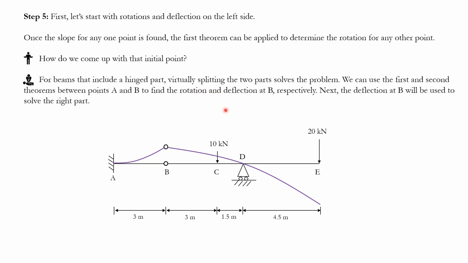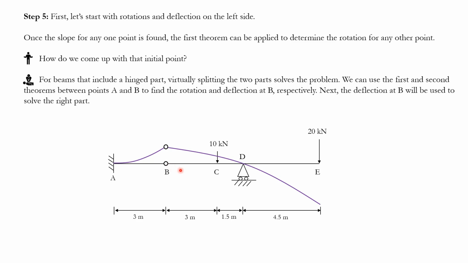We have to find out what the deflection and rotation are at point B, and then use the deflection at B as a compatibility condition, a matching condition, if you will, to solve this part. So it becomes another problem by itself, with some additional information about the deflection at B.